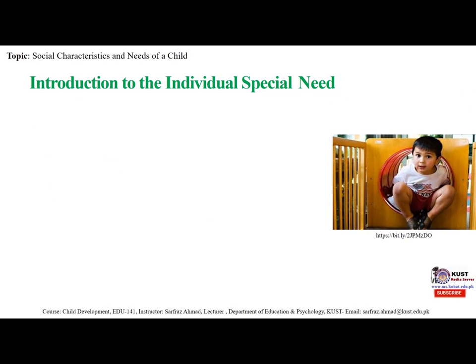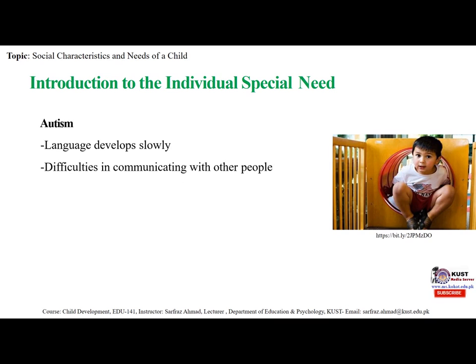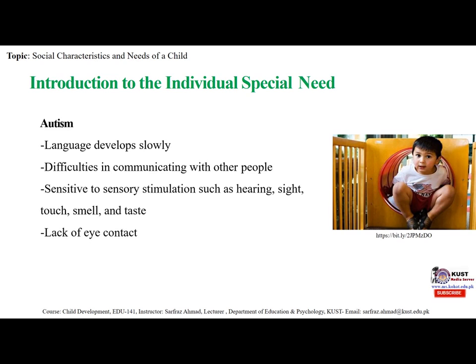Then some other needs are like autism: language develops slowly, and the child may face difficulties in communicating with other people. Sensitivity to sensory stimulations such as hearing, sight, touch, smell, and taste. Lack of eye contact may also occur in autism.